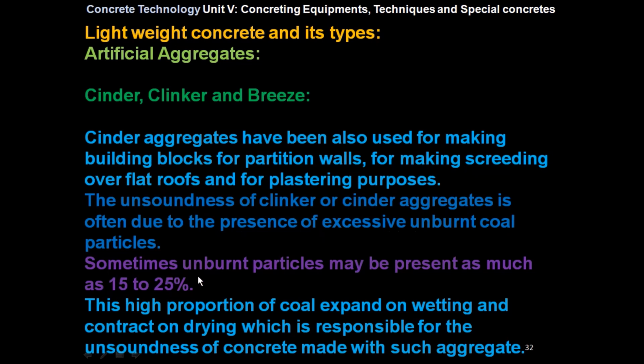Sometimes unburnt particles may be present as much as 15% to 25%. This high proportion of coal expands on wetting and contracts on drying, which is responsible for the unsoundness of concrete made with such aggregate.